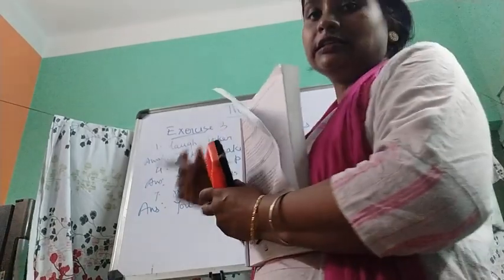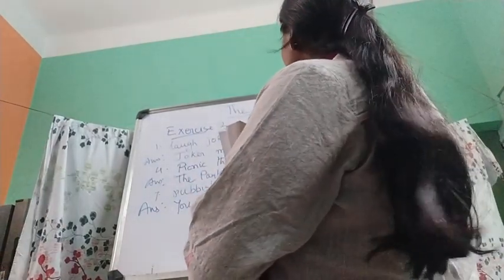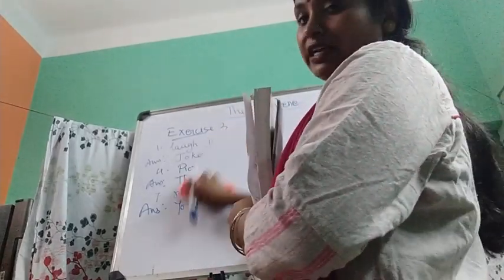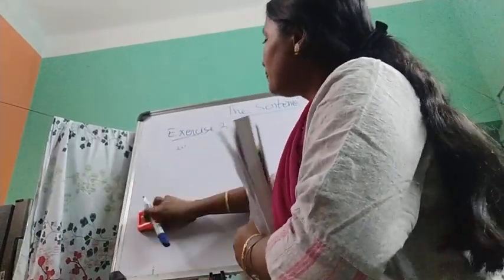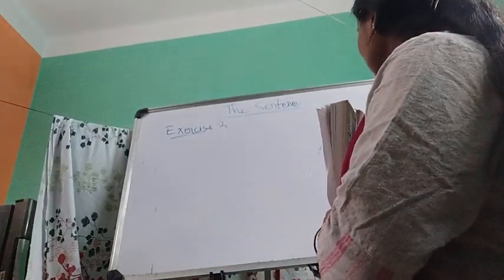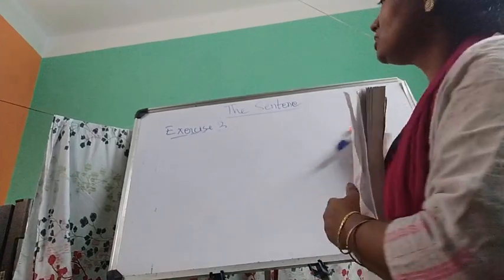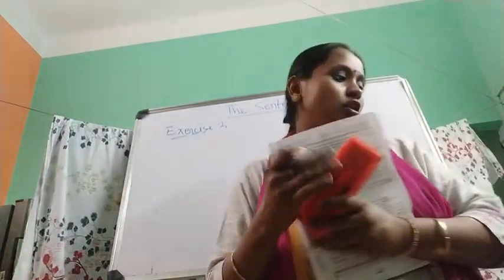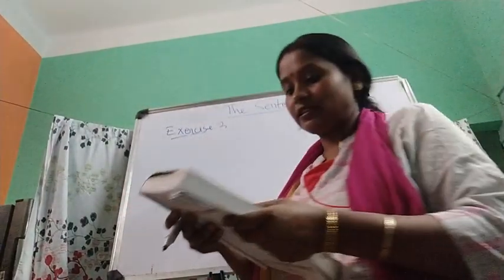Exercise 2 is very easy, you can do it. Exercise 3, I will do a few questions on the board. Please make sure that you write them with me and practice the rest of the exercises. I hope you understand that solving all the questions is not feasible, because it is a short video and I have to complete the session in that time.